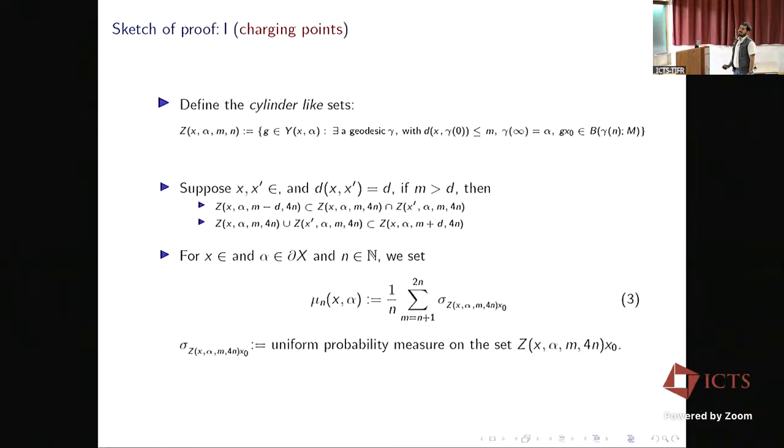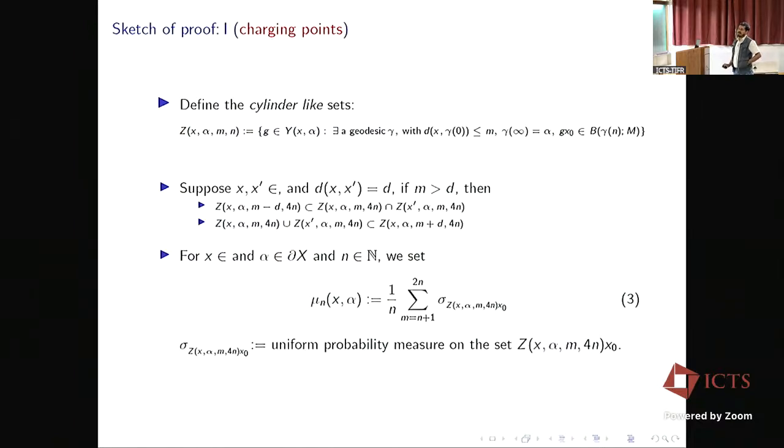So we again define sets very similar to the hyperbolic situation and the mapping class group situation. And even in the relatively hyperbolic situation, similar sets were charged. And by charge, I mean assigning a uniform probability measure on the elements in that set. And these sets behave like this. So if I translate them, they follow these containments.